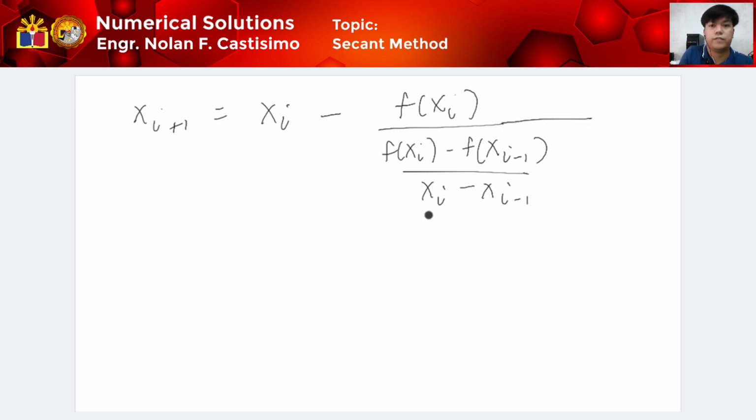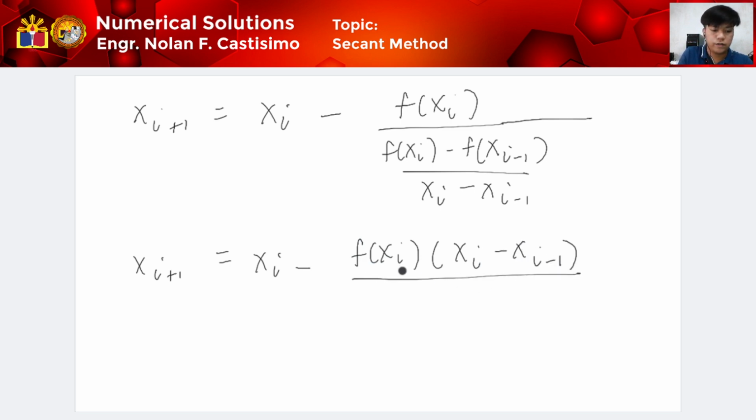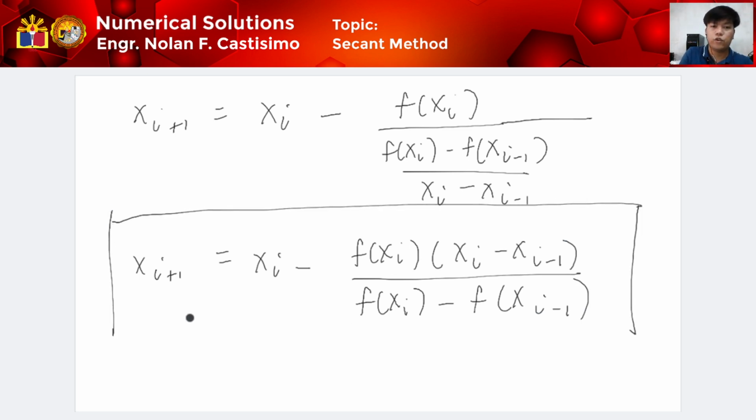Then we simplify further: x sub i plus 1 is equivalent to x sub i minus f of x sub i times x sub i minus x sub i minus 1, divided by f of x sub i minus f of x sub i minus 1. So this is the main formula we will use for the secant method.